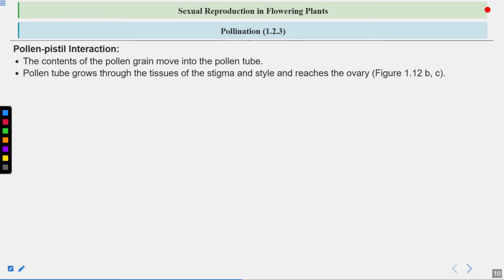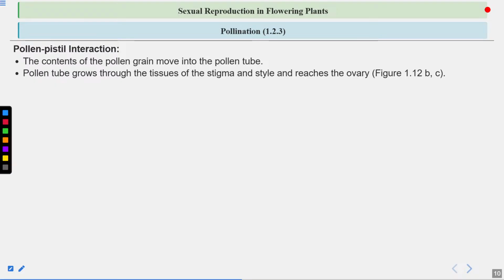If this pollen grain is compatible, then the stigma allows it to penetrate, the style allows it to penetrate, and the ovary allows it to penetrate. But in case the pollen grain is not compatible and it somehow gets germinated, it will be stopped at the stigma level.